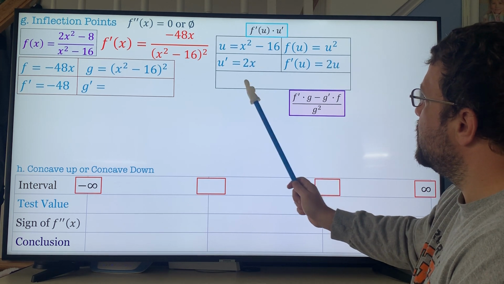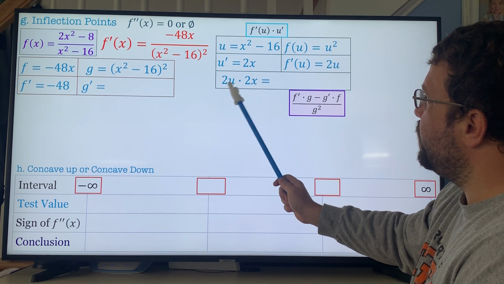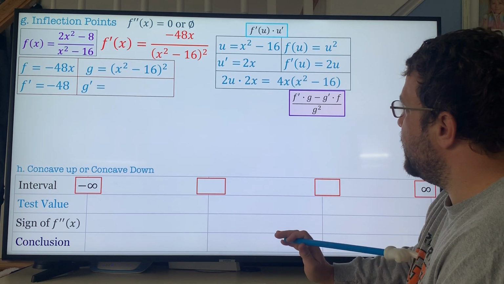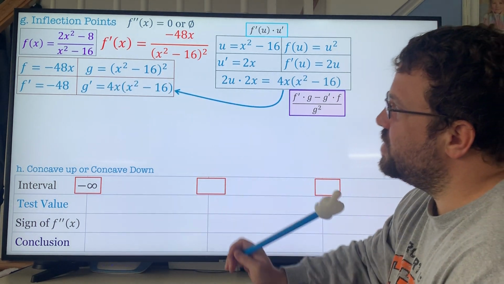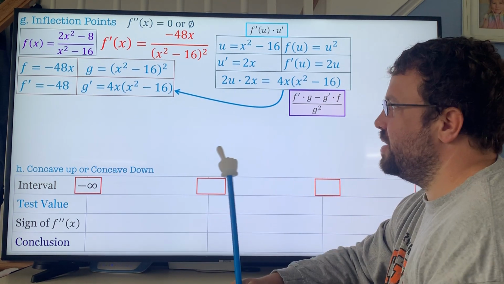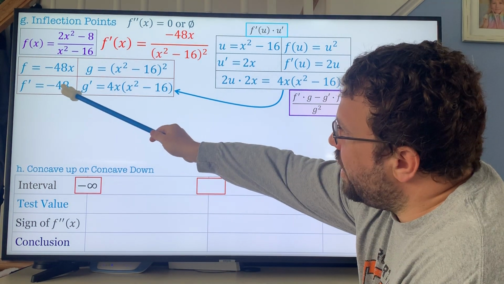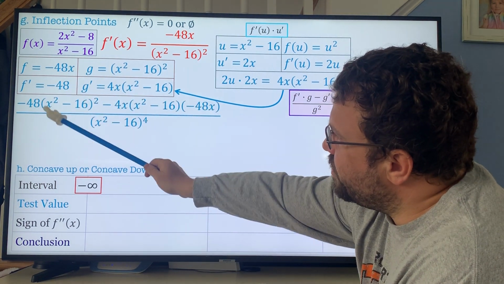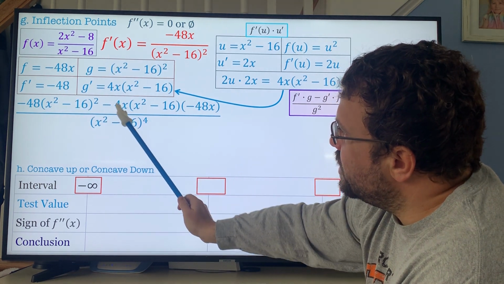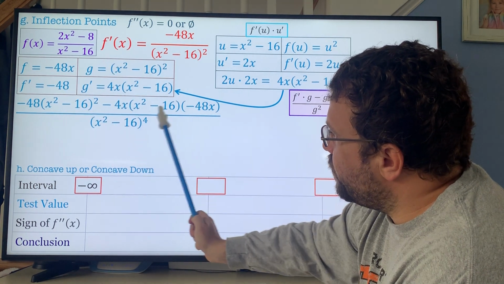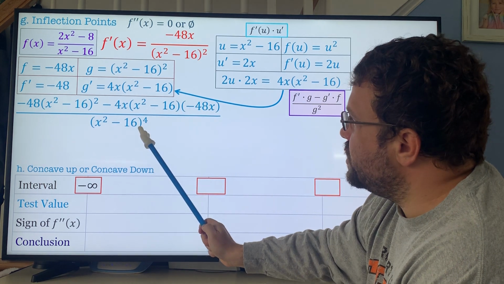The derivative of u squared is 2u, so 2 times x squared minus 16 times 2x is 4x, and then you plug u back in. Do not distribute, because if you distribute, it becomes trickier later on. We like to keep all these x squared minus 16s. Then f prime g minus g prime f over g squared.